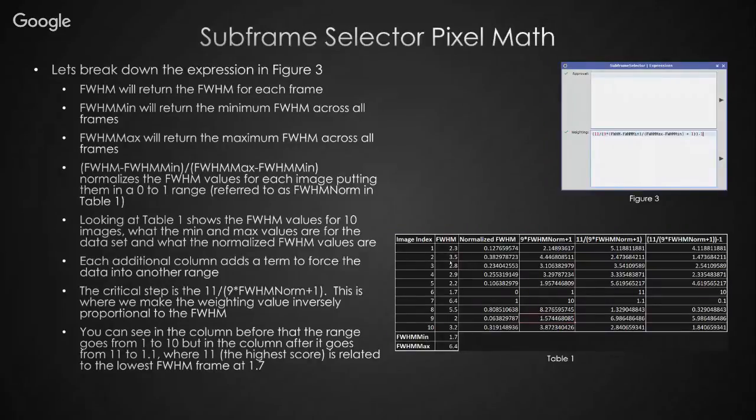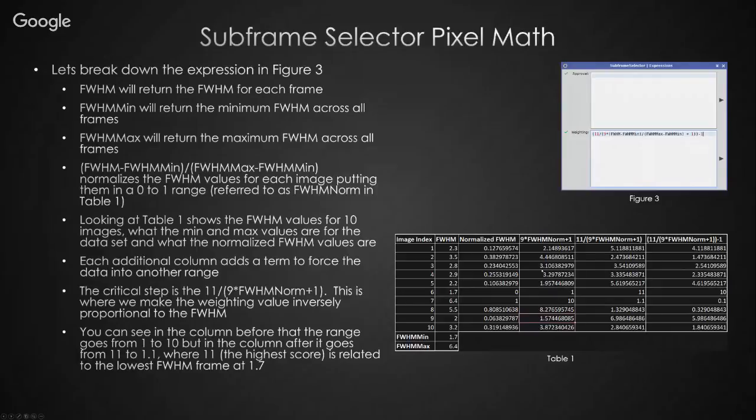You can see at the bottom, I have the minimum and maximum of that data set, the minimum being 1.7 and the max being 6.4. In the third column, you can see the normalized full width half maximum. That maximum 6.4 now has a value of 1, and the minimum 1.7 has a value of 0, and all of these land in that range.